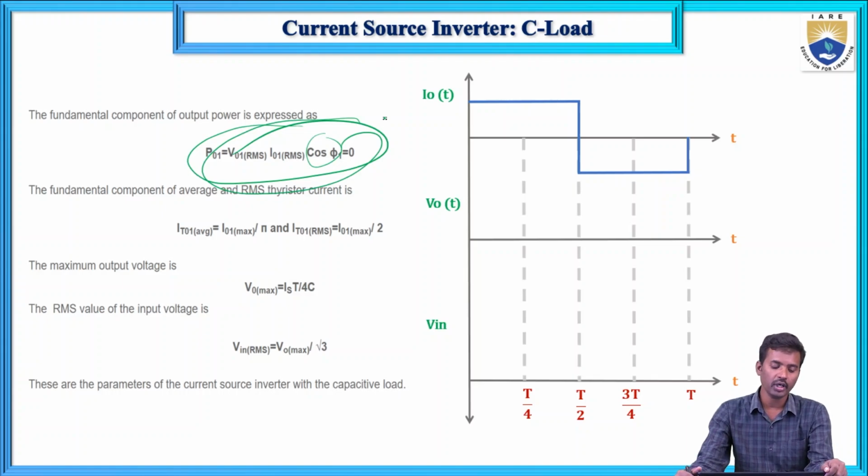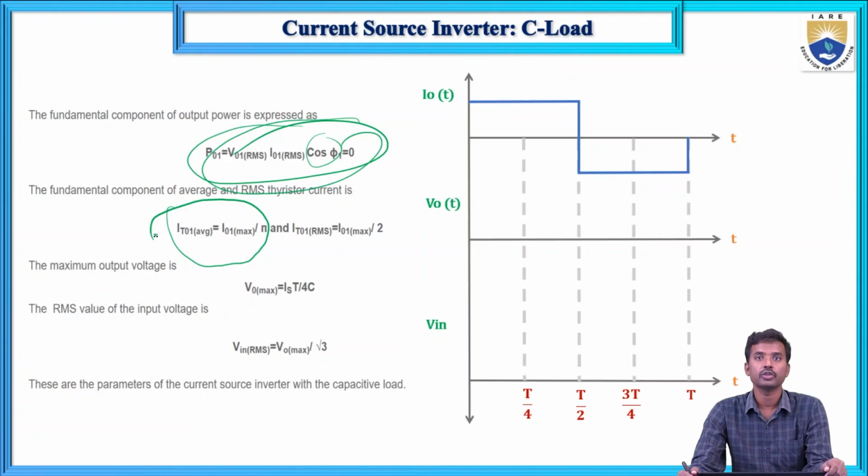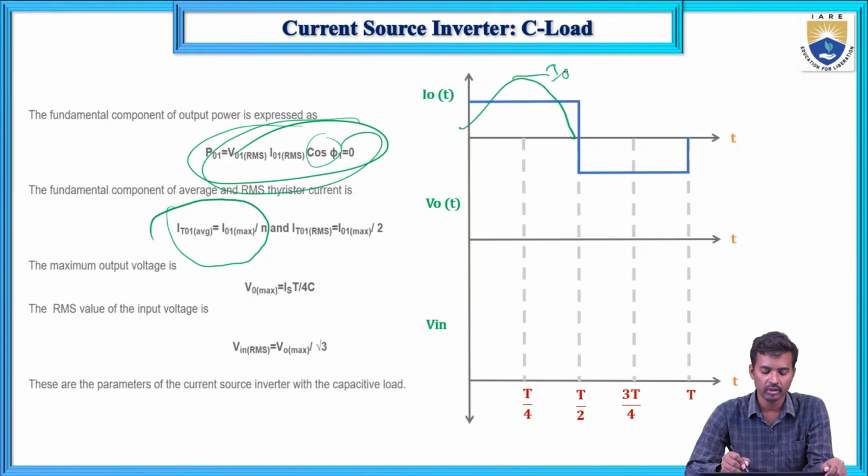Fundamental component average and RMS current, thyristor current is, so that is here. This is the IT average: maximum value, so this I01 maximum by pi. And next, this I01 maximum by 2.